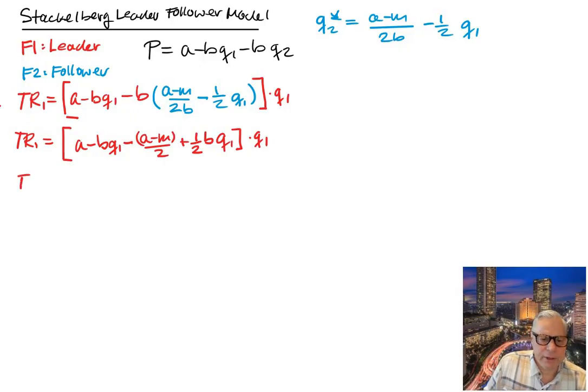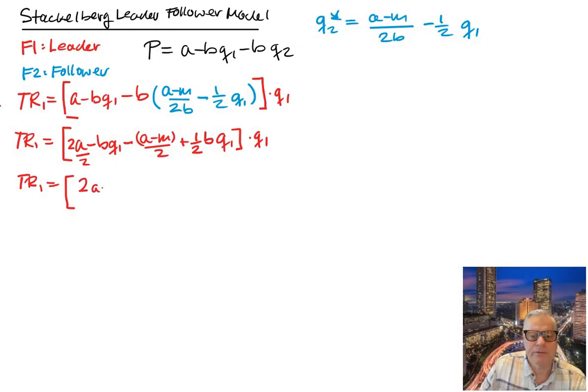Okay, so now let's see if we can simplify further. We have here an entire BQ1, and here we have a half BQ1. And here we have a bunch of A minus M's, and here we have an A. So maybe let's take a look at the common denominator for this term. And then we get 2A minus A plus M over 2.